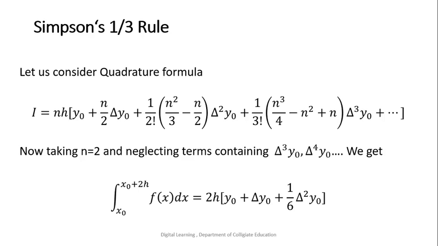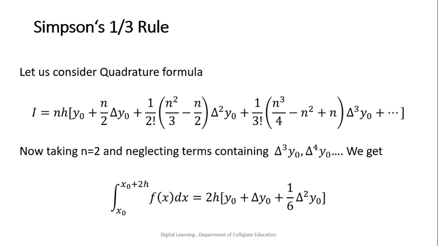Now consider n is equal to 2. In the trapezoidal rule, we consider n is equal to 1. In Simpson 1 by 3rd rule, we consider n is equal to 2. Therefore, neglecting the terms containing delta cube, delta raised to 4, and so on.